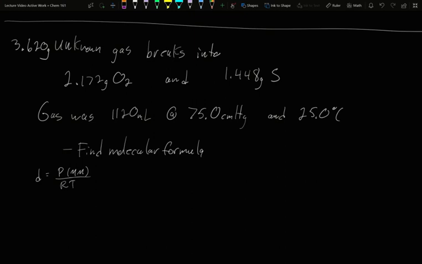Now, they were probably in different combinations originally, but if we know the molecular mass of that gas, we can figure out what the gas species was. There's only so many combinations of sulfur and oxygen that will add up to any specific weight. So can I solve for this molecular mass? We'll rearrange again. My molecular mass is going to equal the mass RT over the pressure and the volume.